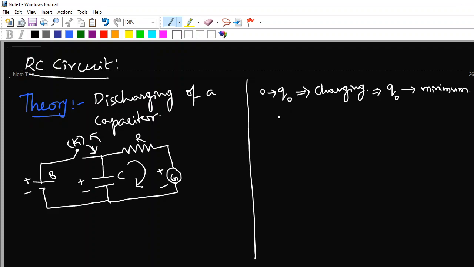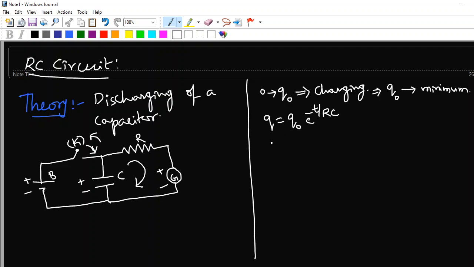Now let us try to understand the behavior of the discharging of a capacitor. In general, the behavior of the capacitor during discharging is given by Q = Q0 e^(-t/RC). Here Q0 is the maximum charge already present in the capacitor, which is acquired due to the charging, which we are not considering here.